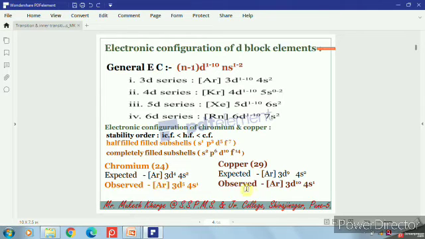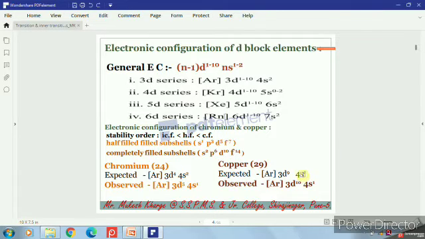Similarly, we can explain the electronic configuration of copper, which is 3d10 4s1 and not 3d9 4s2. Here also, if you observe, 3d9 is one electron less than completely filled. Completely filled is 3d10, so it is incompletely filled. As 4s contains 2 electrons, it is completely filled, but the 3d is incompletely filled.